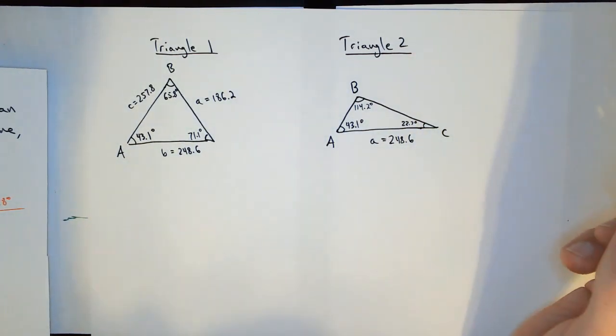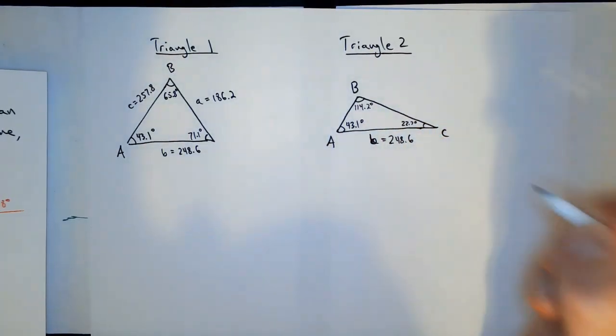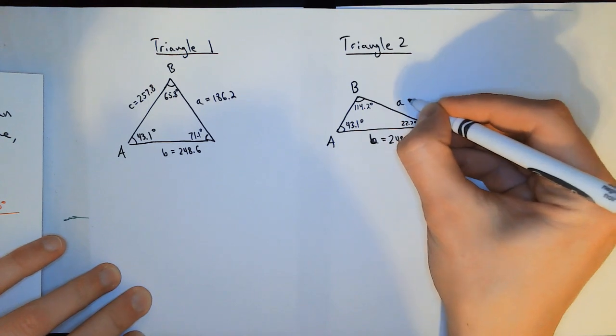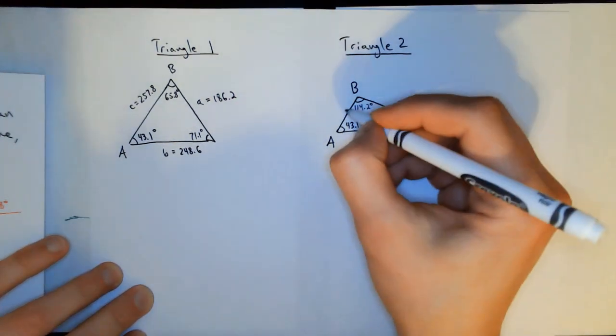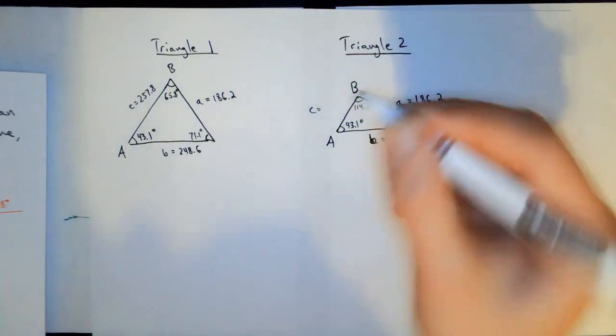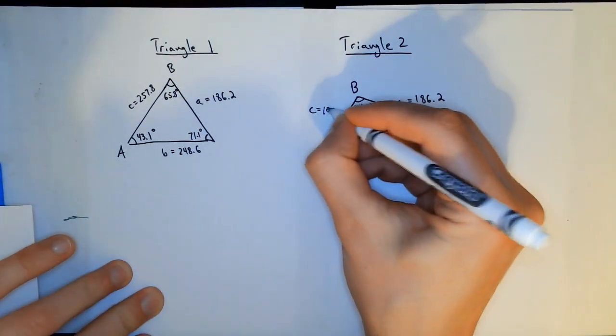Sorry, I just misspoke. Side B is the given, side A is over here, given 186.2. And then little side c over here was calculated, so we call that little c2, which was 105.2.